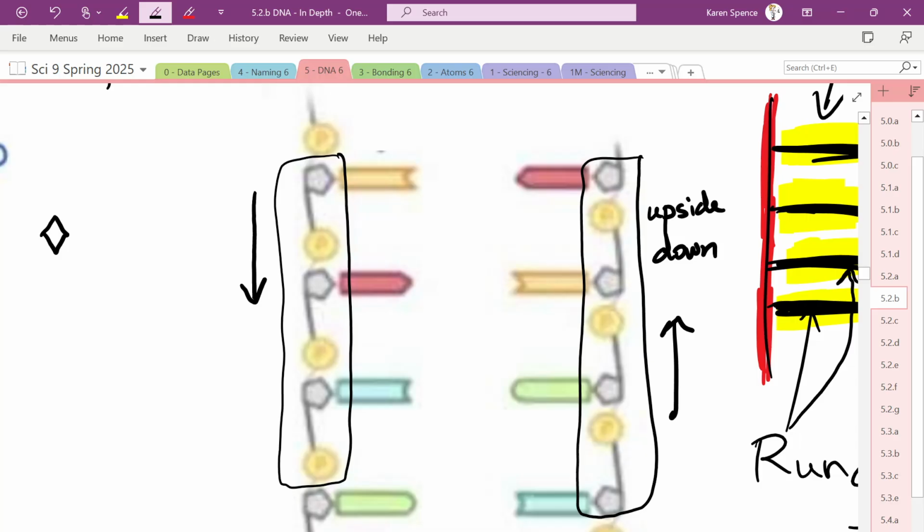now they are parallel to one another, yes? But if one is turned upside down, we call it anti-parallel. I told you. So they're parallel, but one is upside down.